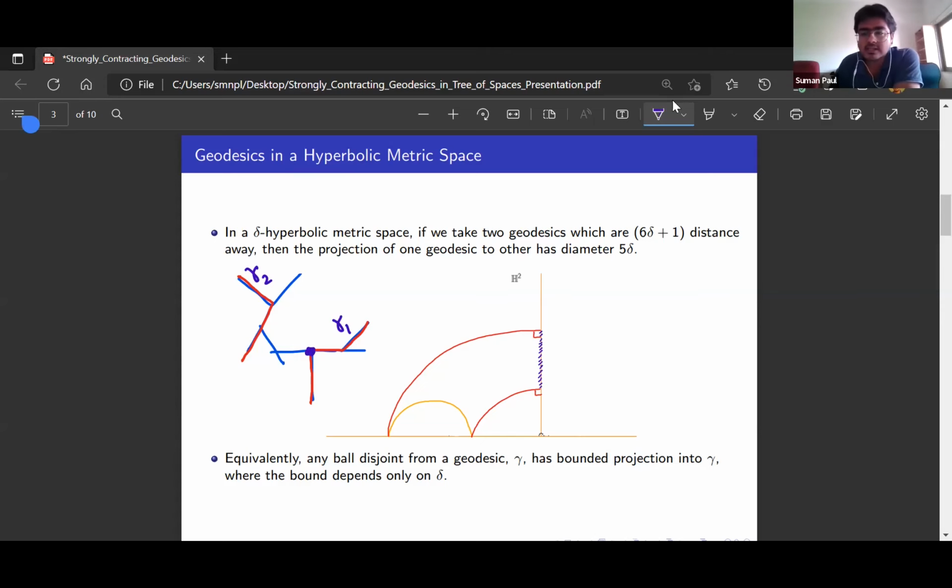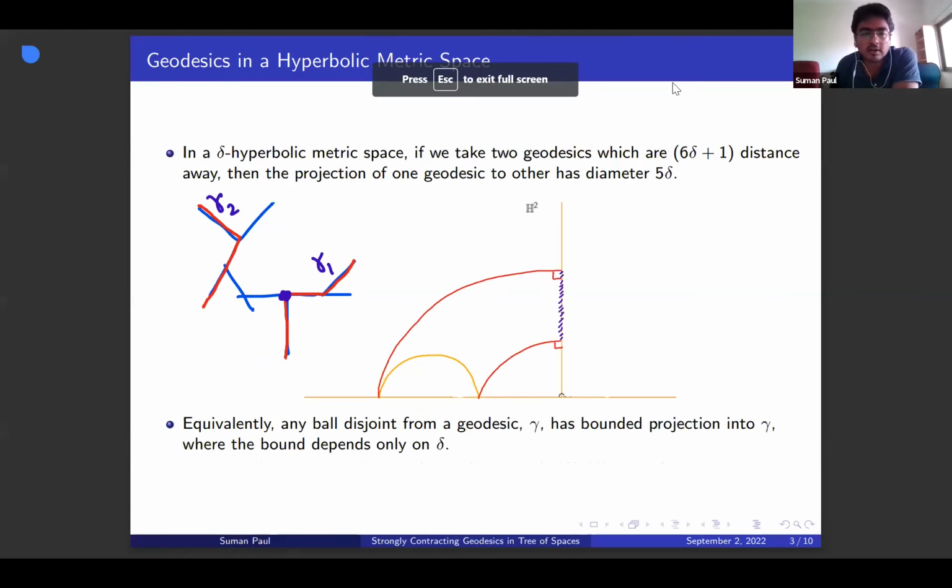So this property is special about hyperbolic metric space. In fact, it is also true in the upper half plane H2. You take this geodesic and this geodesic. We know the geodesics are vertical lines or semicircles whose center is on the x-axis. Then the projection will always be bounded.